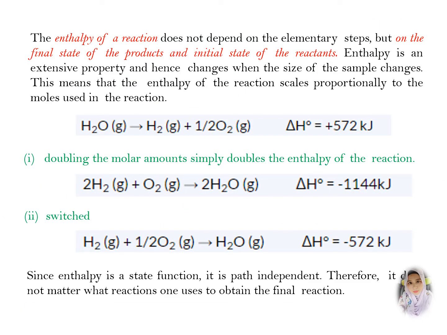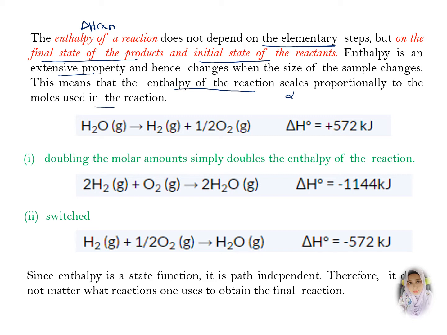The enthalpy of the reaction, delta H reaction, does not depend on the elementary steps, but only depends on the final state of the products and the initial state of the reactants. Since enthalpy is an extensive property, the enthalpy will change when the size of the sample changes. This means the enthalpy of the reaction is proportional to the number of moles of the reactants.